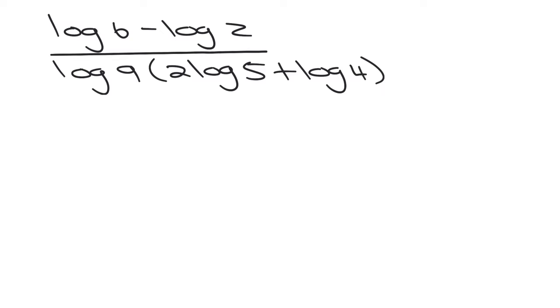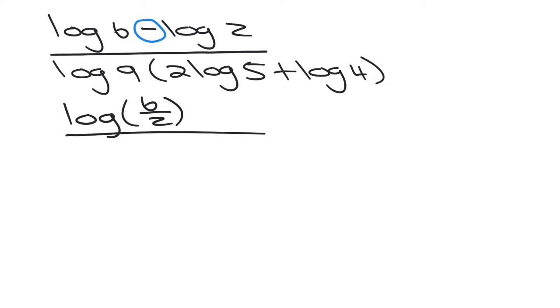Going straight into this problem, we have log 6 minus log 2 over log 9 in parentheses 2 log 5 plus log 4. So what are we going to do first there on top? Well, the subtraction tells us that we need to divide. So log of 6 divided by 2 over log 9 would give you log of 3 to the power of 2.